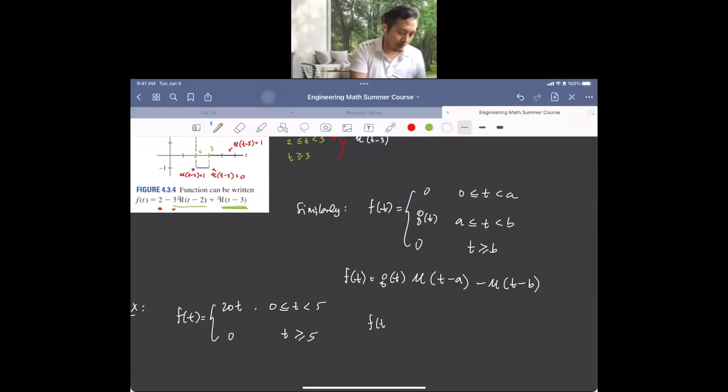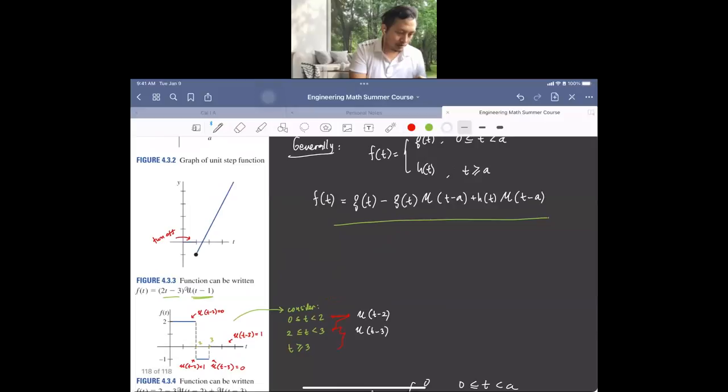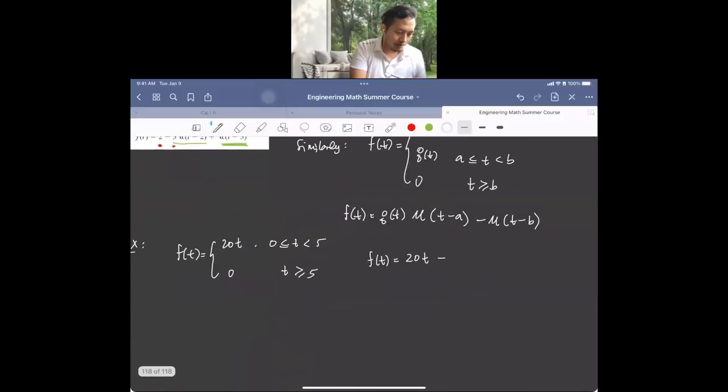So f of t, we can write 20t minus g(t), the same thing, 20t, and then the Heaviside function, we only have 5 here, so t minus 5.